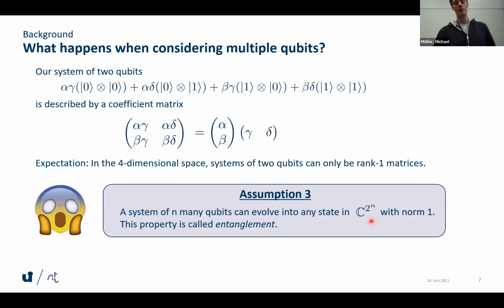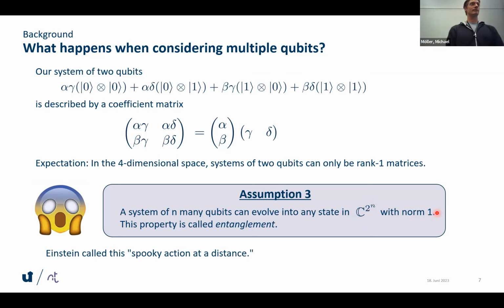So you would end up with a space of size 2 to the power of n. Your entries would be norm 1, and you would think your n qubits can only occupy a tiny portion of the space, but it turns out they can occupy anything, and this property is called entanglement. Or Einstein called this a spooky action at a distance.